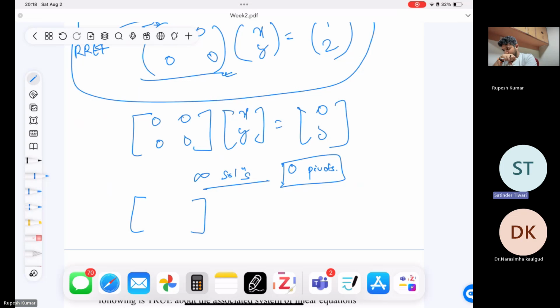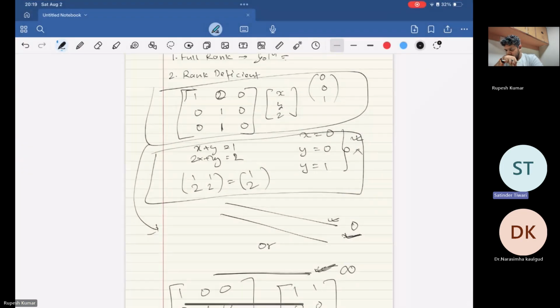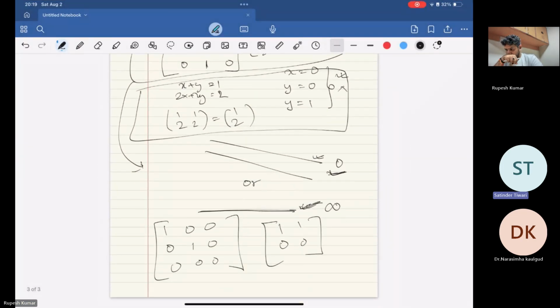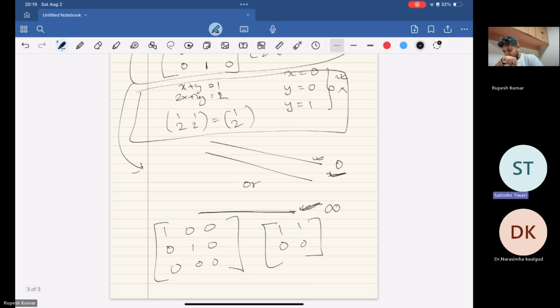Because of the example I gave just now, which you have solved also, in that scenario we can see that we are not getting any pivot. In the first case, you are getting two pivots, and no solution we have got. The example I have given just now, you have solved also, sir.